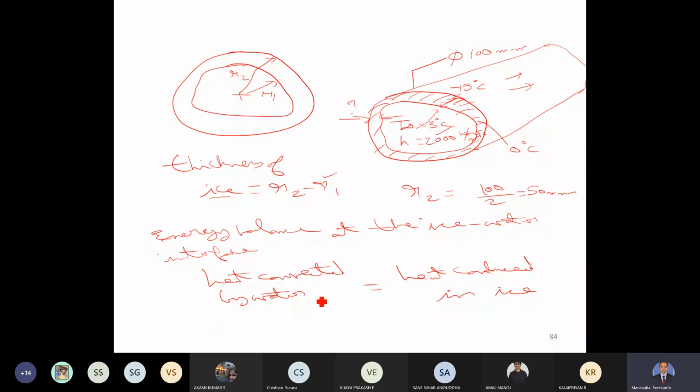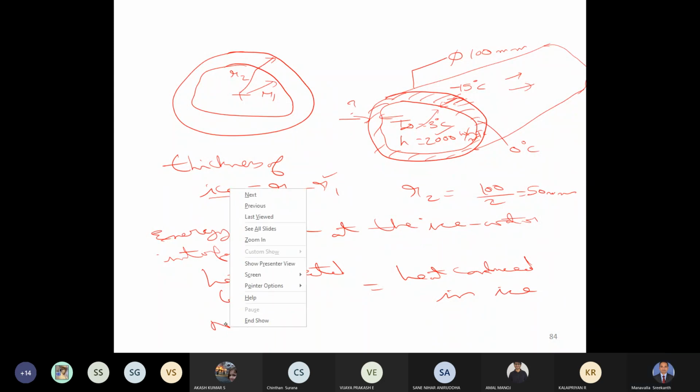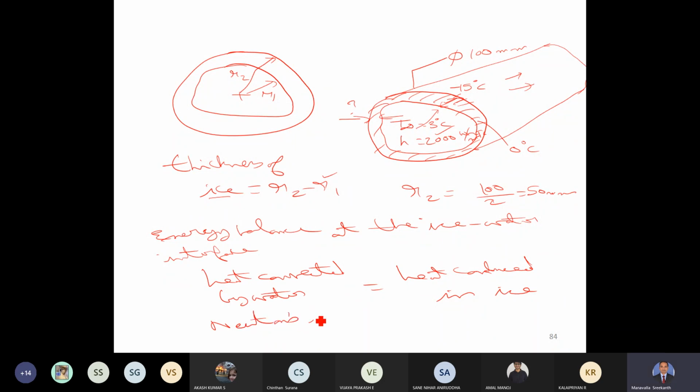For this, we know the formulas. Heat convected is given by Newton's law of cooling, and for the conduction in ice we can use Fourier's law of heat conduction. So these are the equations that we need to use.